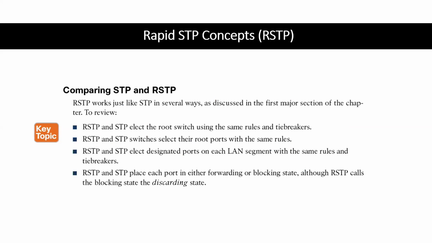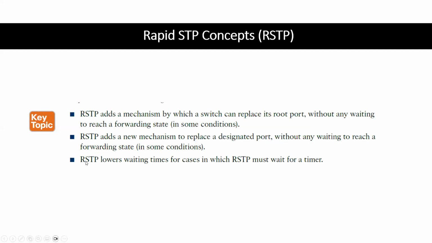All right, so with that being said, what are a couple of things we need to know about rapid spanning tree? RSTP adds a mechanism by which a switch can replace its root port without waiting to reach a forwarding state.